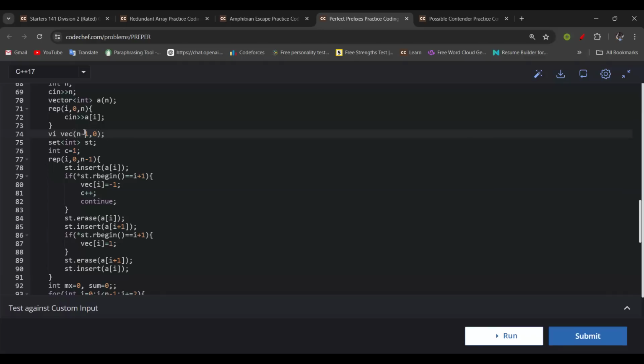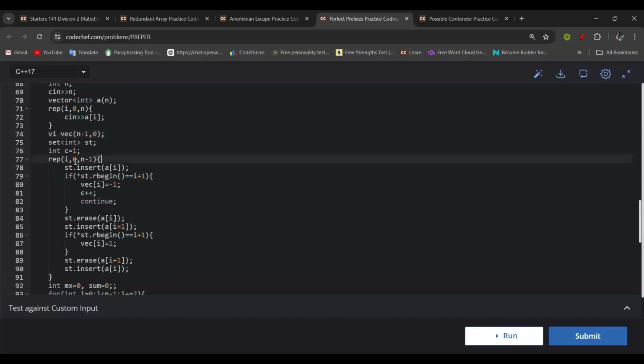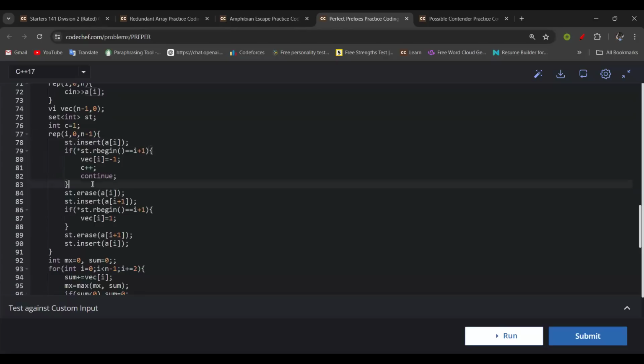That's the first thing. Here I have taken zero based indexing, so my last index is n minus one. I'm going from zero to n minus one. First I inserted A[i] into my set. Then I checked the maximum value in my set. set.rbegin() dereferenced with star is going to give me the maximum value in my set.